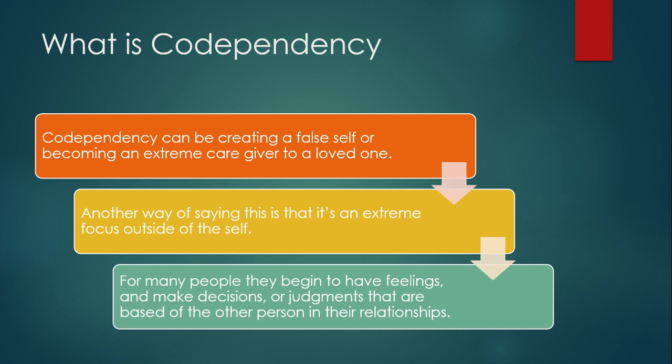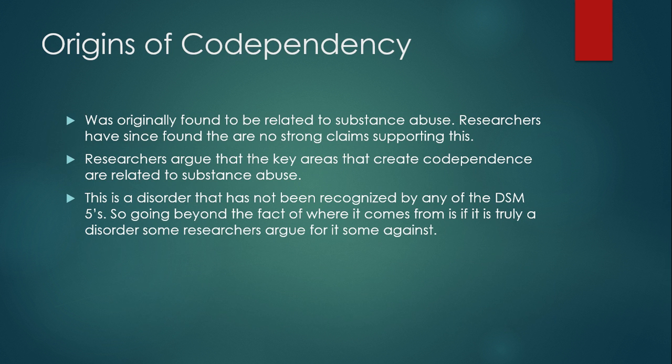I think the reason for a big part of this, with codependency creating a false self and the extreme focus outside of themselves, is because they've spent so much time focusing on their loved one that they're trying to care for, or they come from a family that has done so. And I'll talk about this more in the other slides.